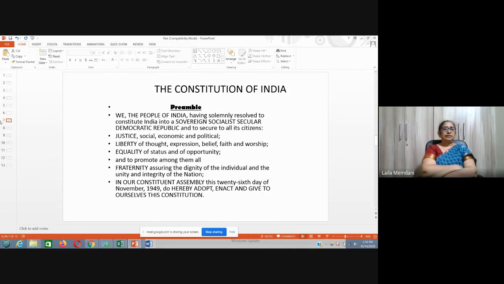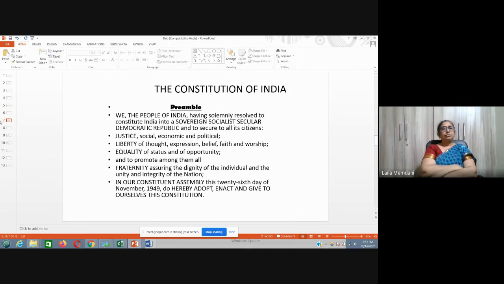Socialist, that is the aim of the society, is to reduce the inequalities in income and wealth. We have to see that all are provided with employment opportunities, all are provided with educational facilities, and the inequalities in income and wealth are reduced. Secular state doesn't have any religion, and democratic republic.